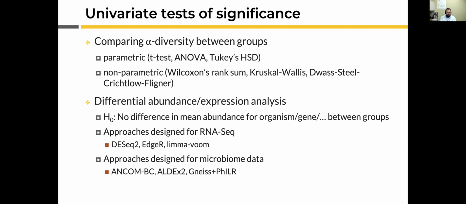Some of those are taken into account in differential abundance analysis designed for microbiome data. ANCOM-BC is one of those, and ALDEx2, which interestingly was originally designed for RNA-seq, but it turns out it's not that great at RNA-seq, but it's a lot better at microbiome data. And an approach implemented in QIIME is ANCOM plus Philr. And Philr is a phylogenetic transform of the data. We'll talk about that a little bit later.